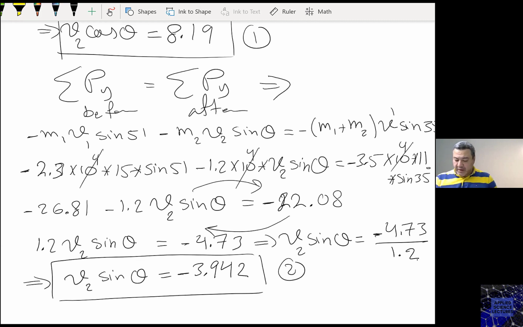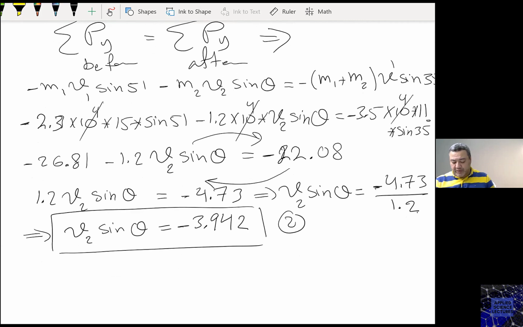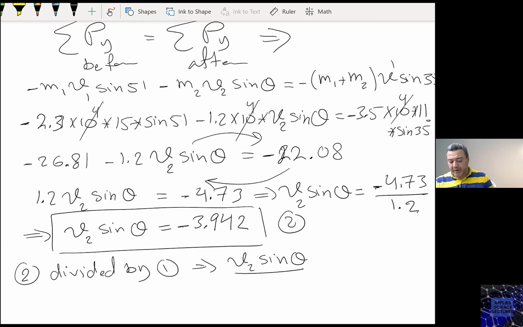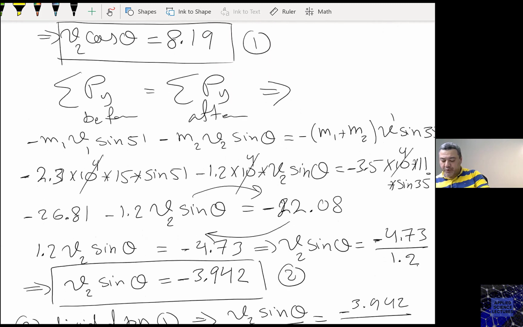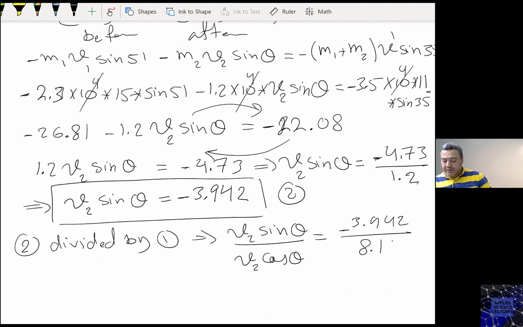Now, if I divide number 2 by number 1, what do I get? Number 2 divided by 1, then I get V2 sine theta divided by V2 cosine theta, which is tan theta, equals minus 3.942 divided by 8.19.